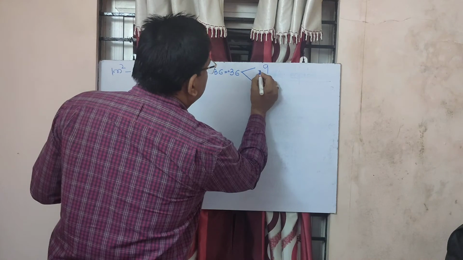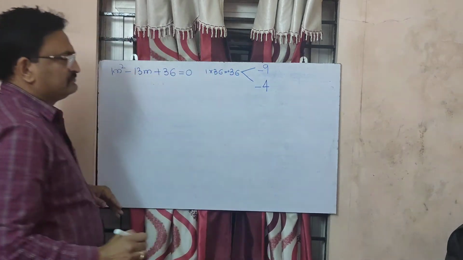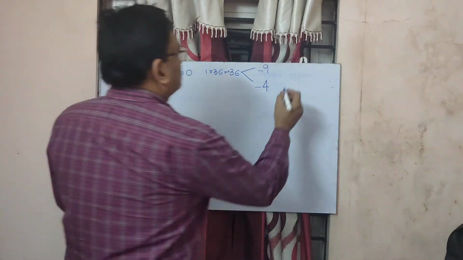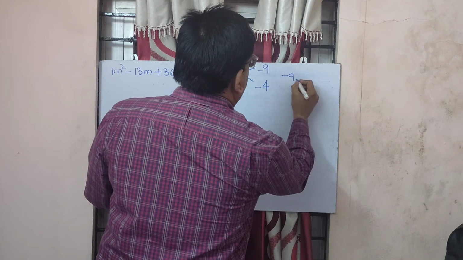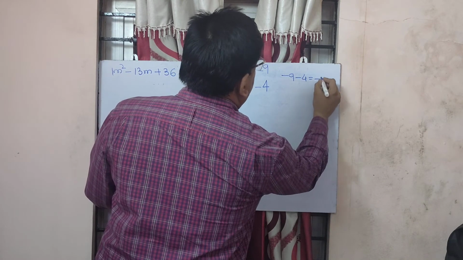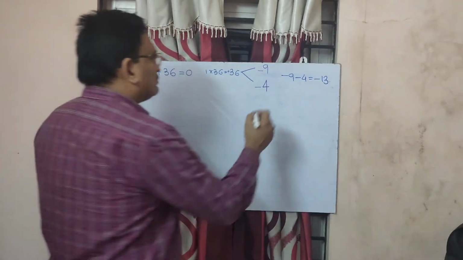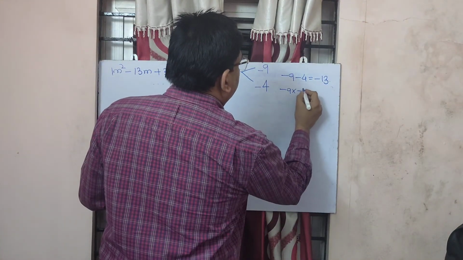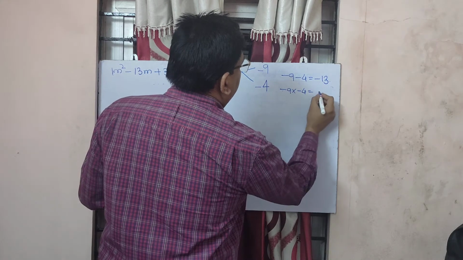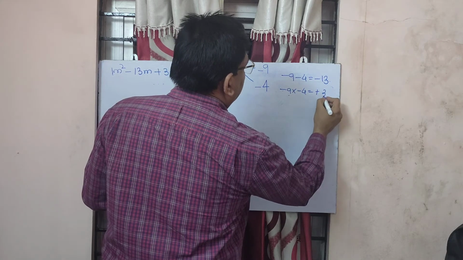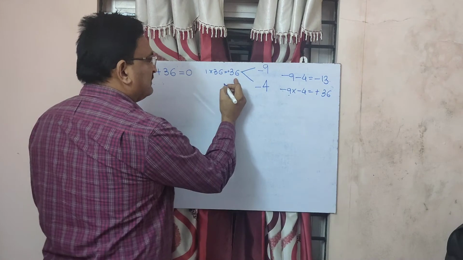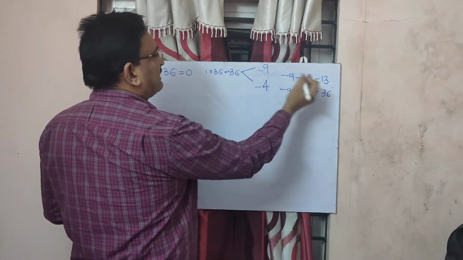So let us see minus 9 and minus 4. If you add minus 9 and minus 4, what becomes? It becomes minus 13, okay. Minus 9 into minus 4 is how much? Minus into minus is plus, 9 4s are 36. Now we get 36 and we get minus 13.